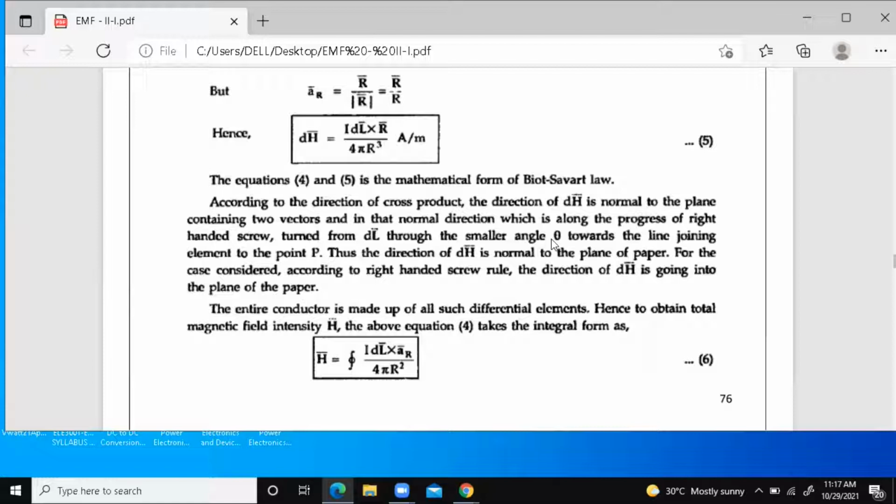Now, let's go through this verbiage carefully.